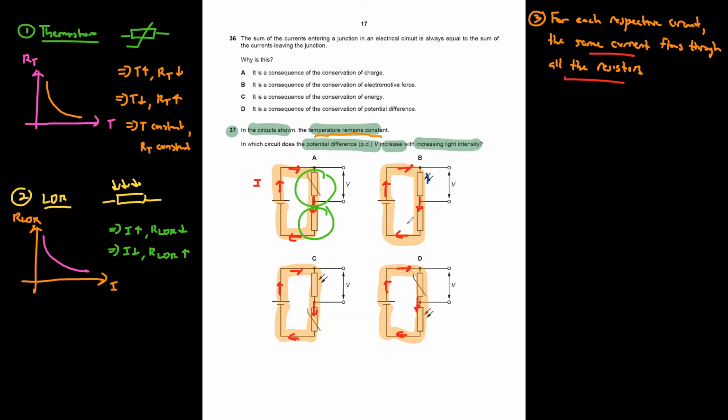Answer choice B, the same current also flows through these two resistors. That's what I meant by that. So you then apply V equals IR for those two resistors in each circuit. Since I is constant through all the resistors, that would mean that the PD across them is directly proportional to their resistance. So from here, you can say that when your R increases, your PD increases, and vice versa.